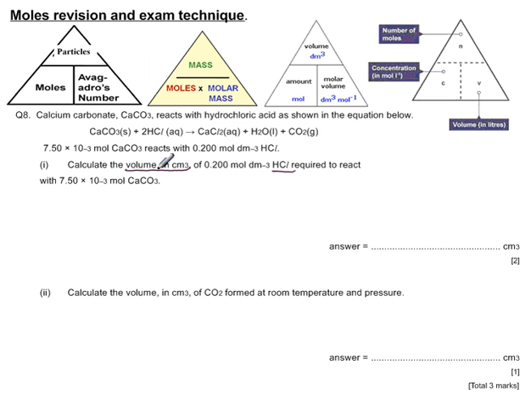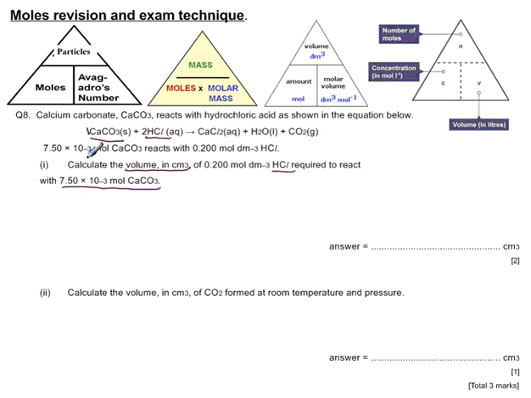We want to work out the volume. We know the concentration. So let's have a look at the concentration equation. We know the concentration, but we don't know the volume. To get to the volume, then we need the number of moles. So how can we get to the number of moles of hydrochloric acid? Well, we know the number of moles of calcium carbonate. So if we're trying to find out about the acid, we need to use the ratio.